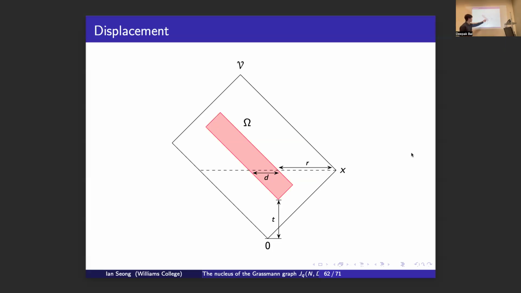And then d is simply the length of the irreducible T module. One thing that can be a little confusing is that this small d is also called a diameter, but the lowercase d represents the diameter of an irreducible T module, whereas the capital D represents the diameter of the whole graph. So there's a distinction.